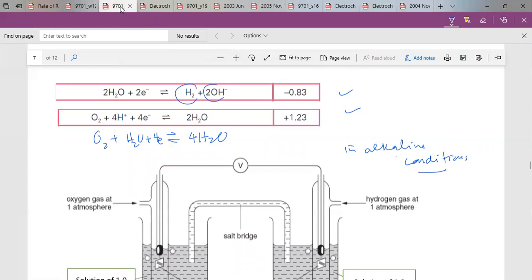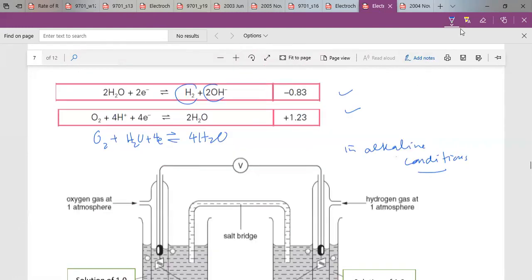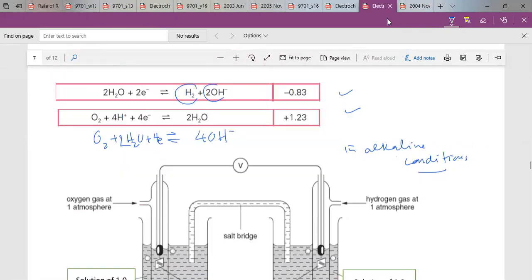When you hurry, you mess up. So O2 plus 2H2O plus 4 electrons gives 4 OH minus, and the value is plus 0.40.